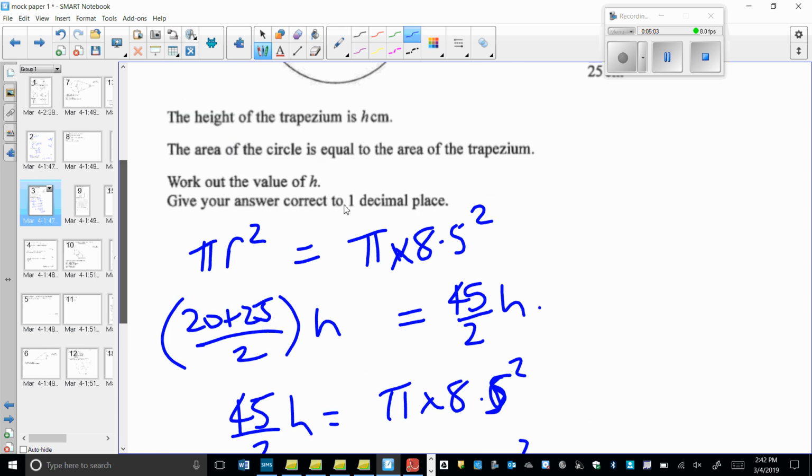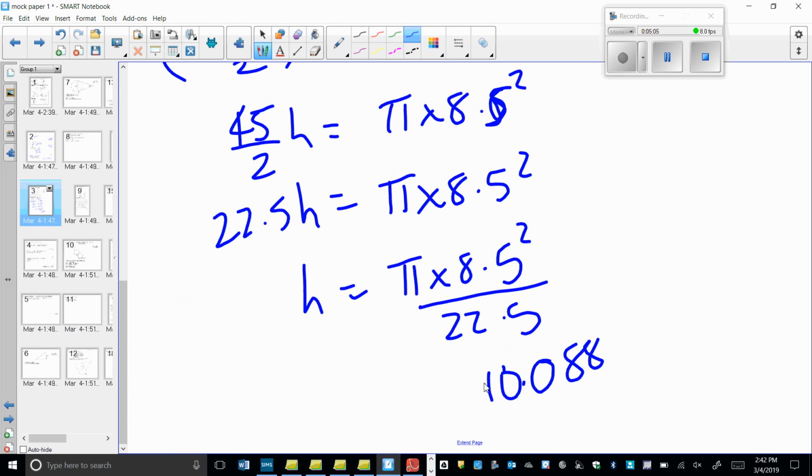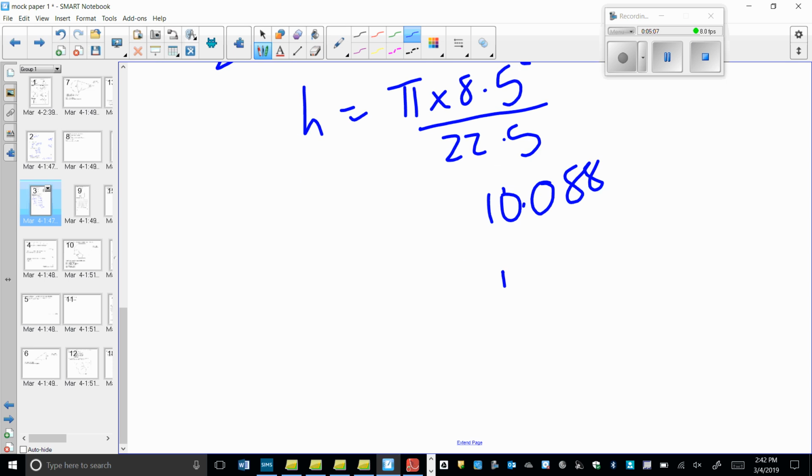And to 1 decimal place, that would be 10.1.